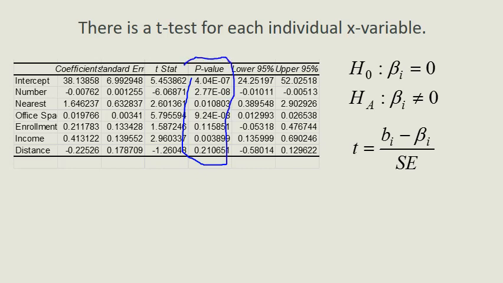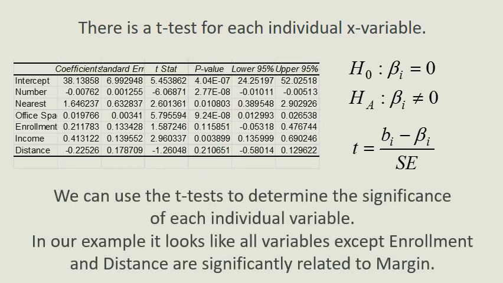And we also have 95% confidence intervals for each slope coefficient over on the right. All right, looking at our six t-tests, it looks like all but 2 of the variables are significantly related to operating margin. All but these 2.